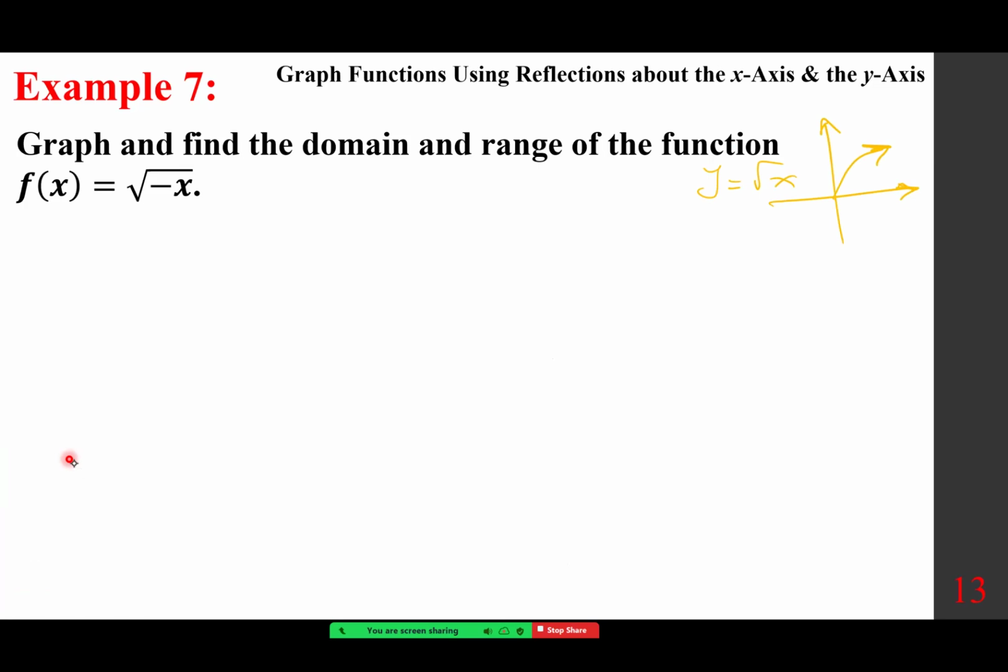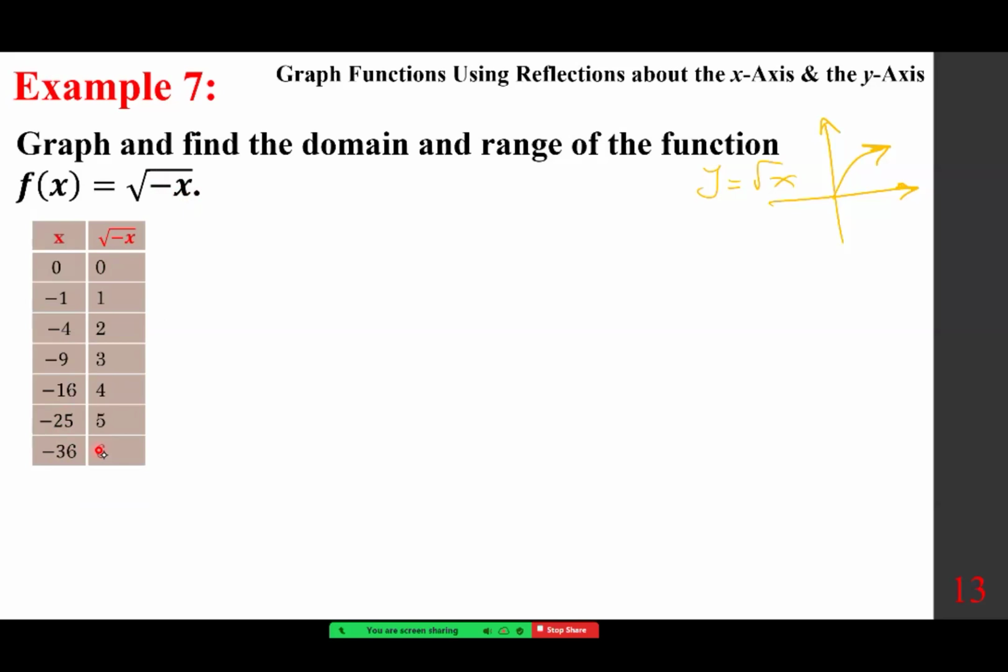Again, if we choose some numbers, 0 of course gives you 0, -1 gives you +1, the square root of that is +1. -4 gives you +4, the square root of that is 2. -9 gives you +9, 3. -16 gives you +16, 4. -25 gives you +25, which is 5. This gives you +36 or 6 here. Okay.